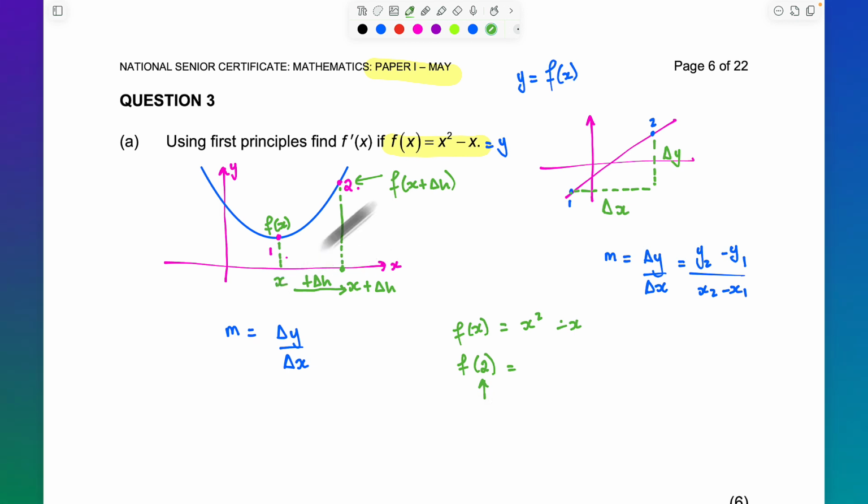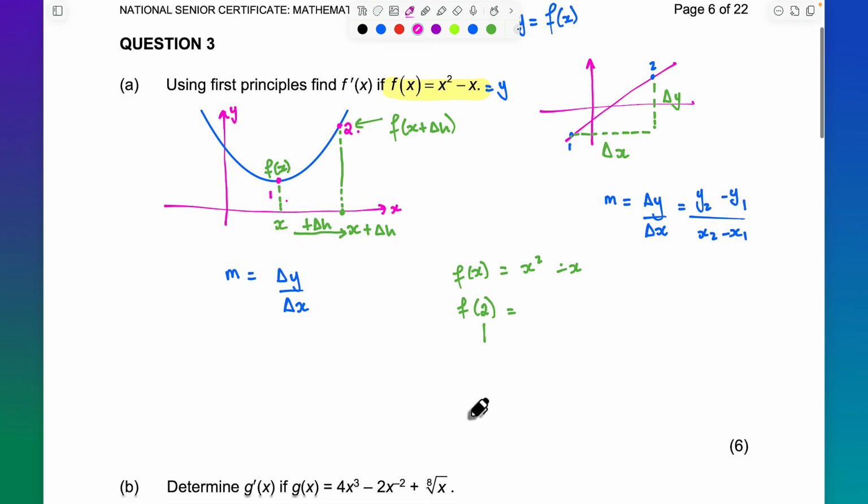So if our x value at this point is x, that means this is f of x. If our x value at this point is x plus delta h, it means it's f of x plus delta h, because what goes into this bracket is your x value. I hope that makes sense. There's too much going on in that.